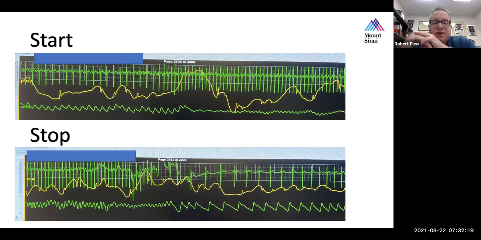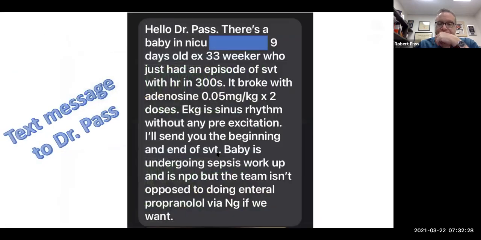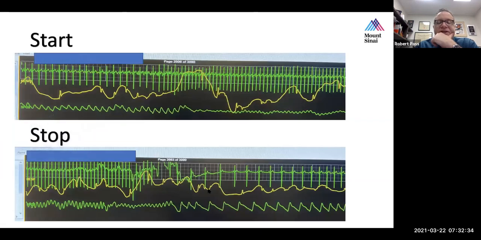Is there anything here that would make you feel good? So the fellow who sent this tracing wrote to us that ECG is a sinus rhythm without any pre-excitation. Is there anything on this tracing when adenosine was given that would confirm for you this observation of the fellow, that this is not WPW?